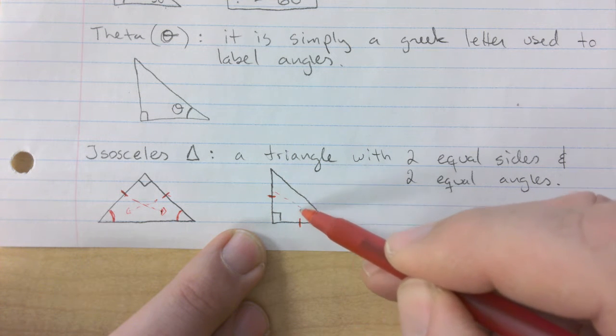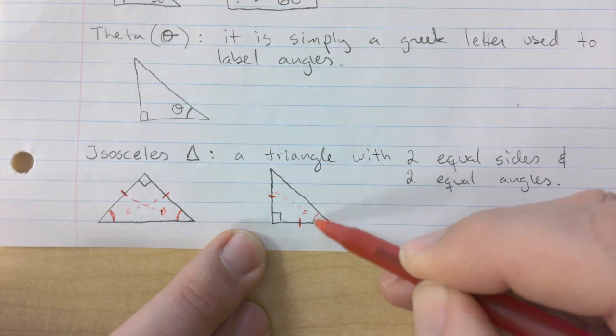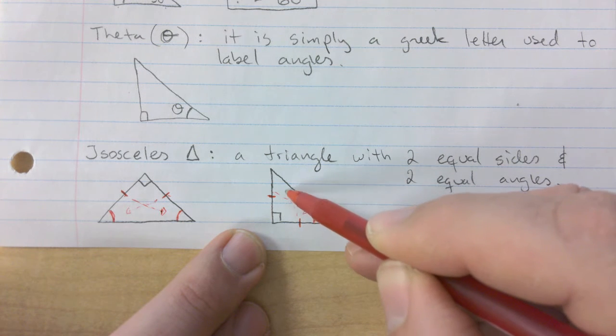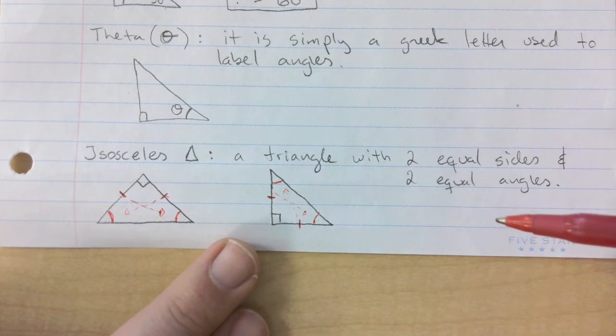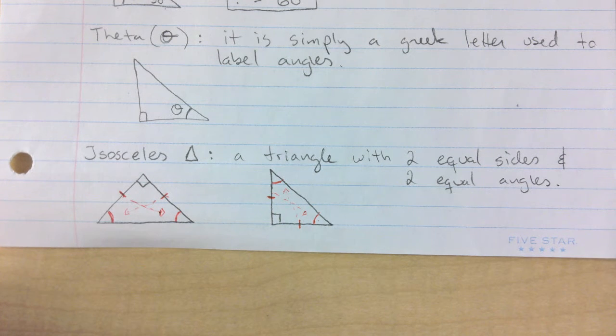Okay, so you go across, so this angle right here would be the same as the angle over here. Okay. So far it should be pretty straightforward.